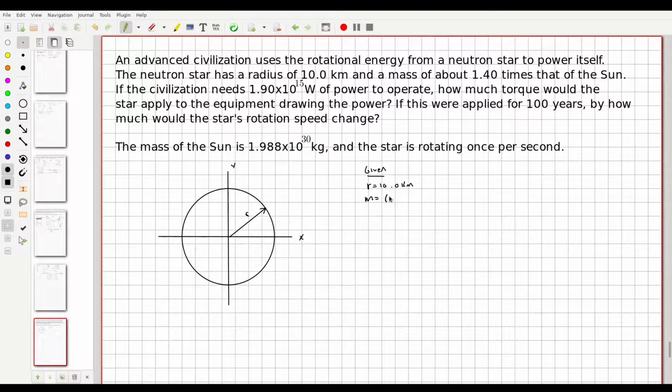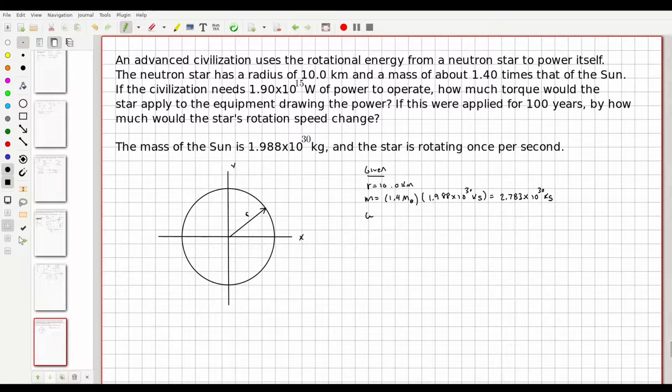It is 1.4 solar masses, which if you multiply that by 1.988 times 10 to the 30th kilograms, you get something like 2.783 times 10 to the 30th kilograms. That's the mass of your star.